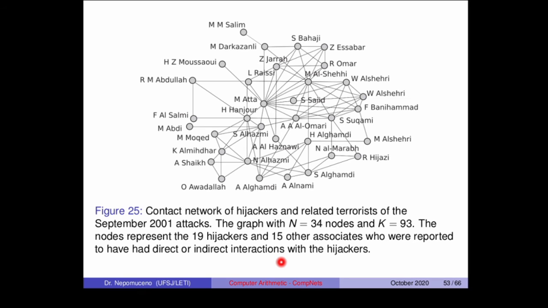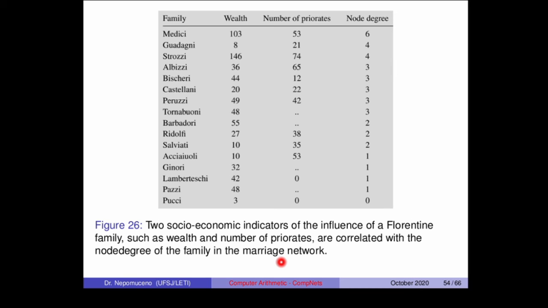with the hijackers. So, for example, here, two socioeconomic indicators of the influence of a Florentine family, such as wealth and the number of priors, are correlated with the node degree of the family in the marriage network.